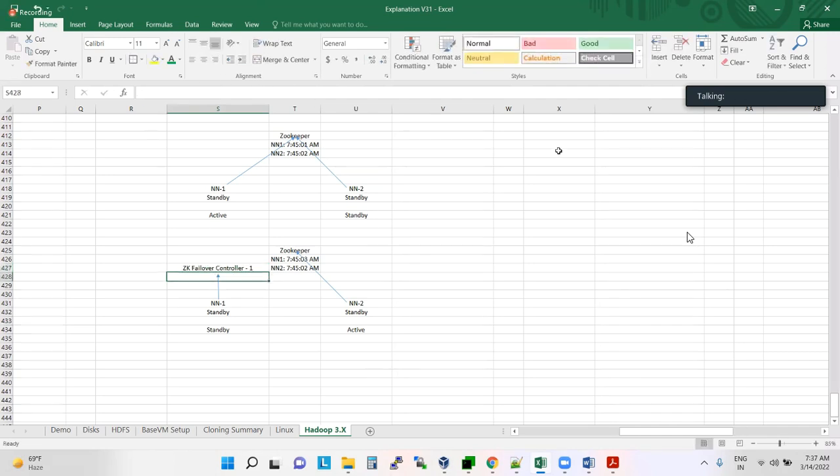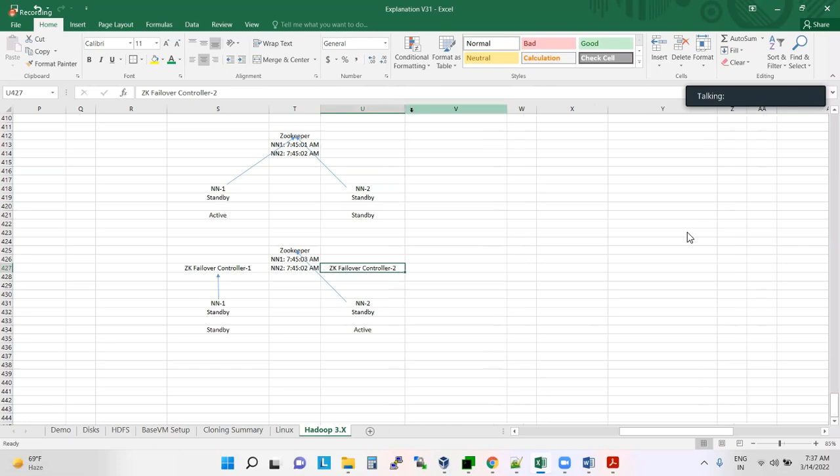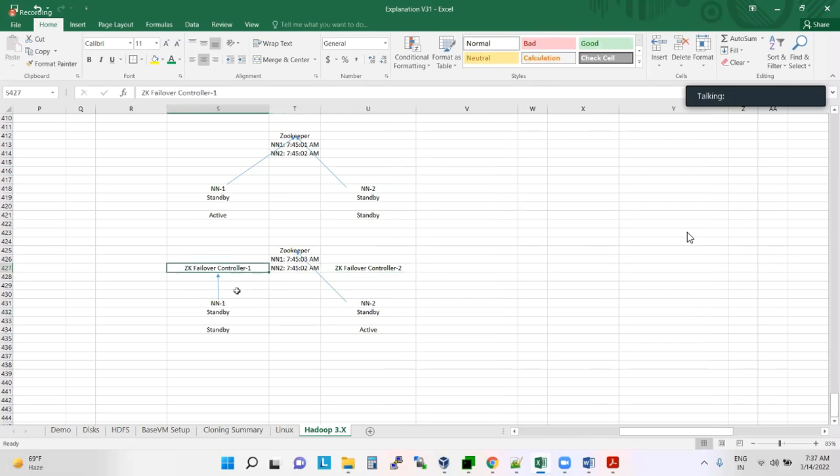The concept is in 2.x itself. Try to understand what they have done. They introduced this so that Namenode will not send a heartbeat to Zookeeper. They made it like this.